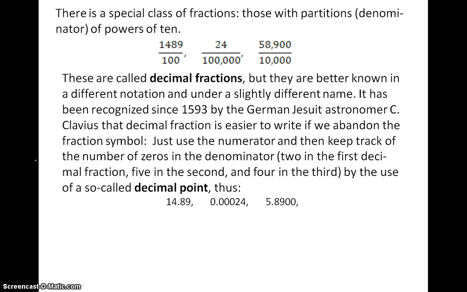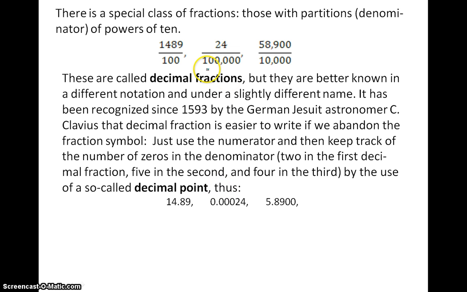And this Jesuit astronomer, C. Clavius, decided, let's quit using fractions in this case and just use a decimal point. The decimal point is based on the fact that there are 2 zeros on this one, so that's where 14.89 comes from: drop the fraction bar and just put a decimal point there.